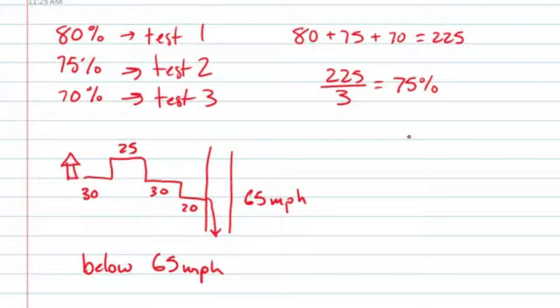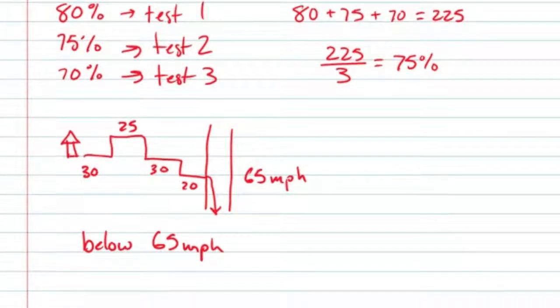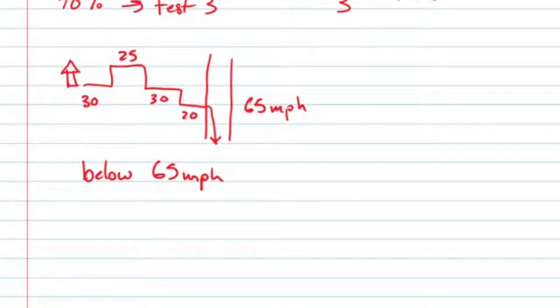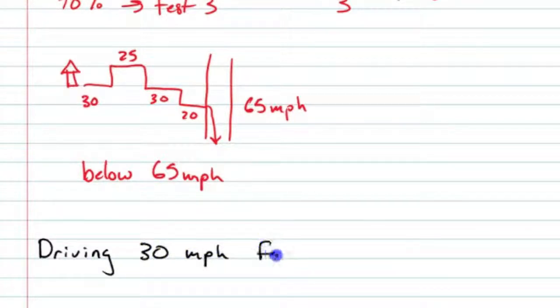So if we put this kind of into an actual physics problem, and we'll start off kind of easy. Let's say that you're driving 30 miles per hour for 1 hour.